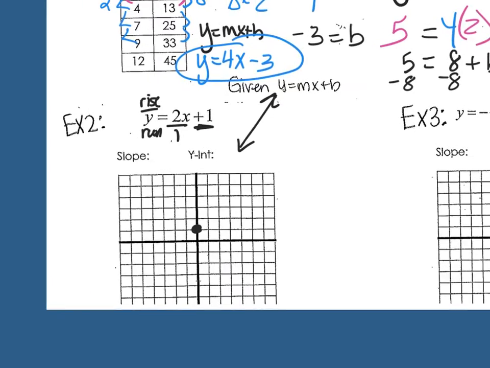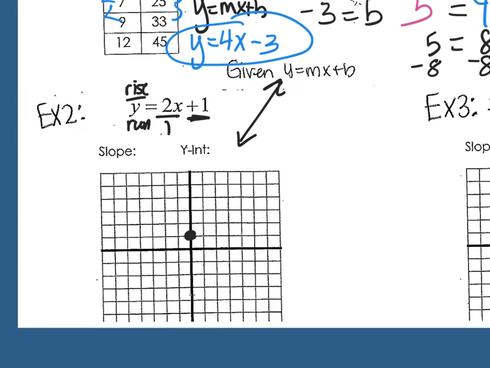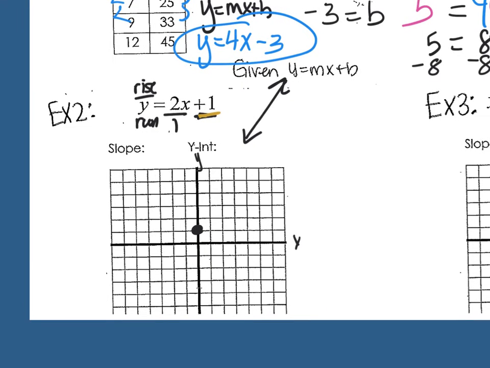So on these graphs, when we find our y-intercept, it's that b. So that's our starting point. So that's why I put that dot on +1 on the y-axis. And then our slope, since they just gave us a whole number, we can put it over 1. So I'm going to write that whole number over 1 because that's telling me that that's my rise and that's my run.